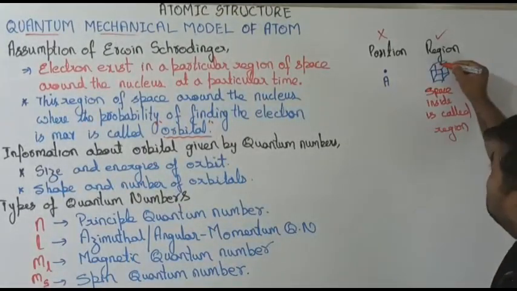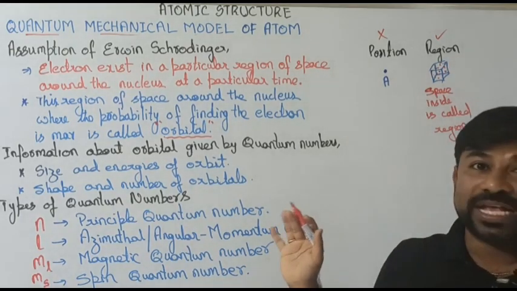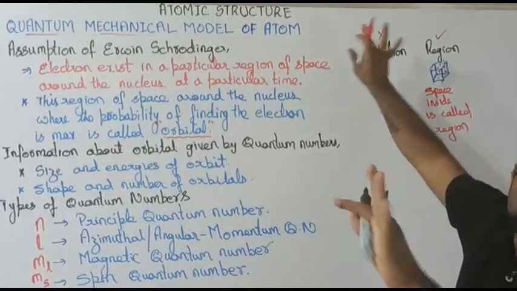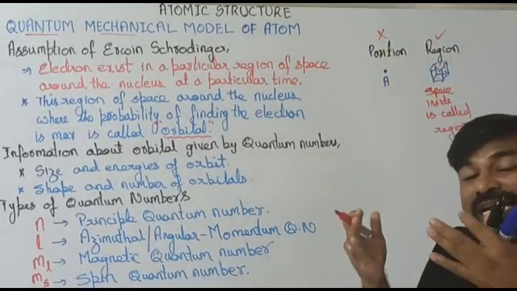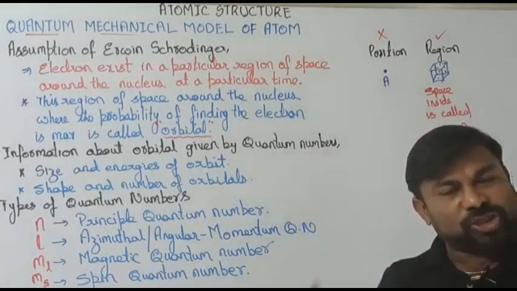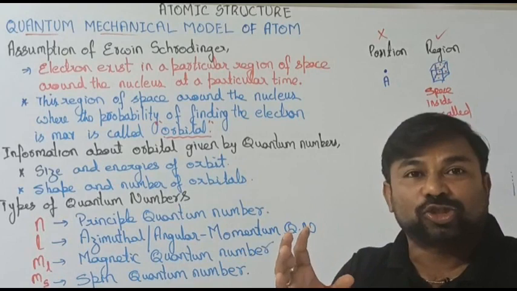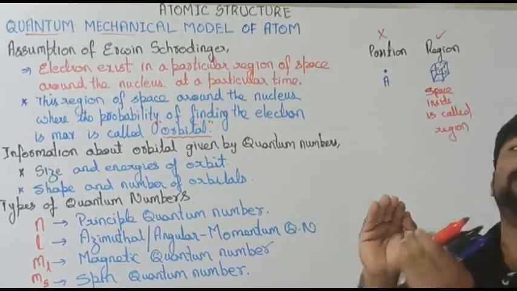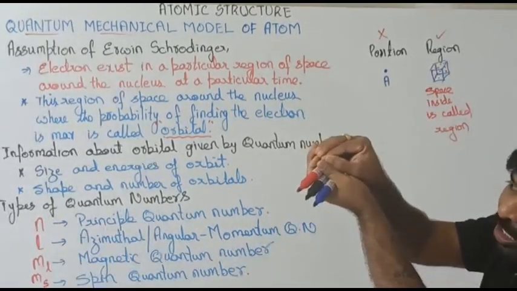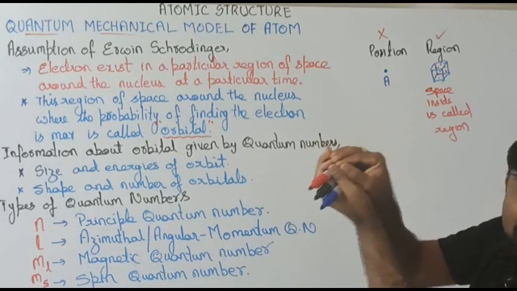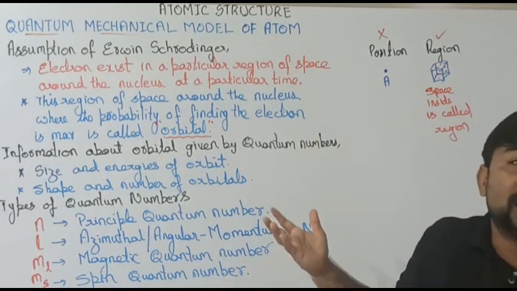Exact position we can't tell, but there are much chances of the electron being present in that space. The electron might be somewhere in that space. Exactly we don't know. I am talking about the space inside the box. Inside the box, it may be at any place.